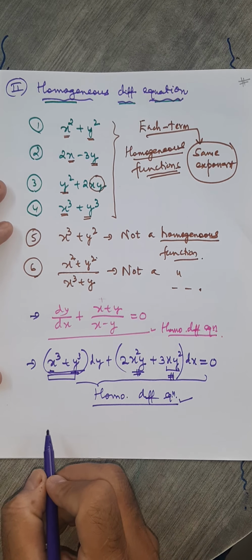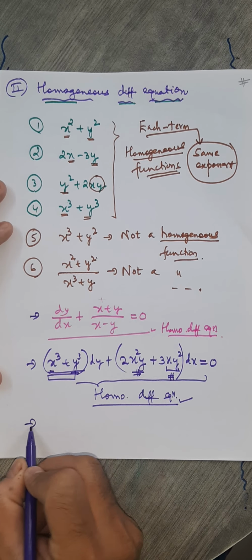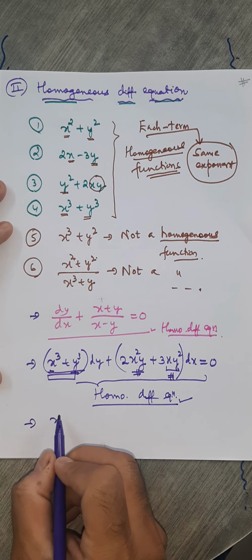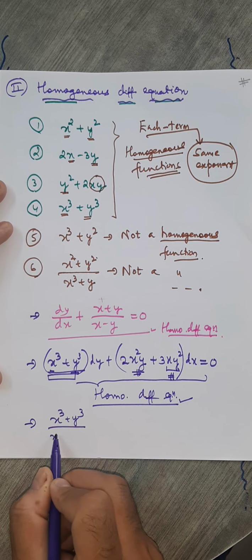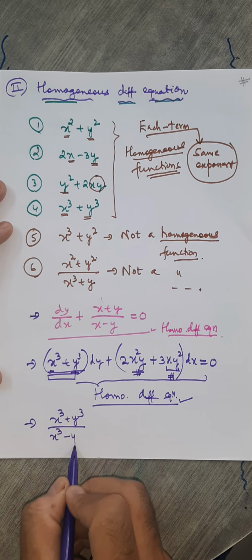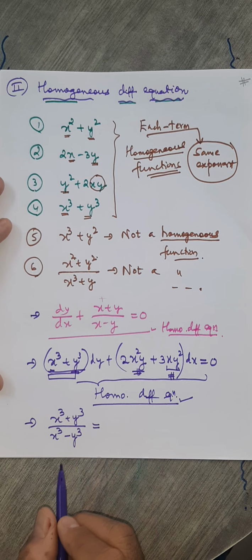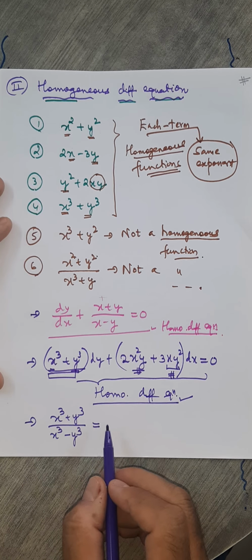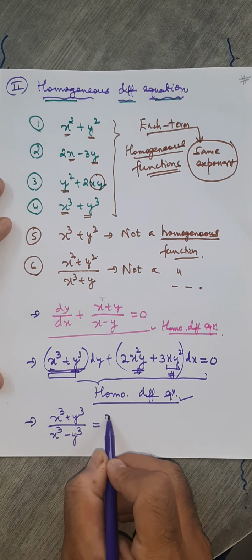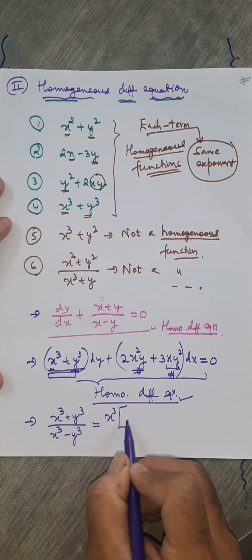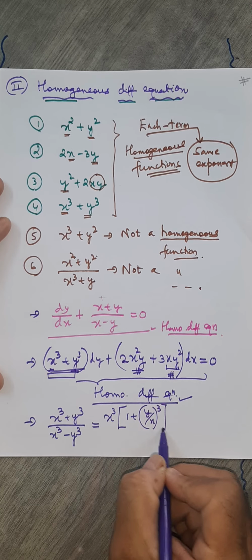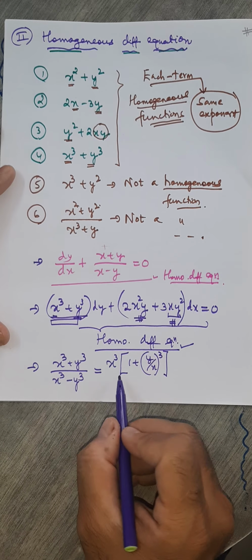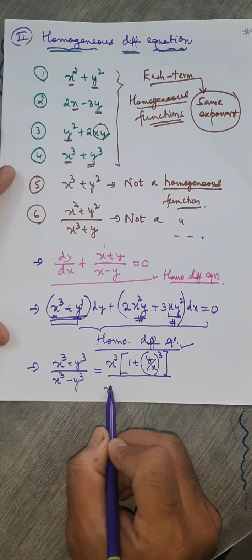One more thing before I get into that. See, if I have this function, for example, x cube plus y cube upon x cube minus y cube. So what I can do is take highest power of x common. So I'll take x cube common. So 1 plus y by x the whole cube upon, here also I'll take x cube common.